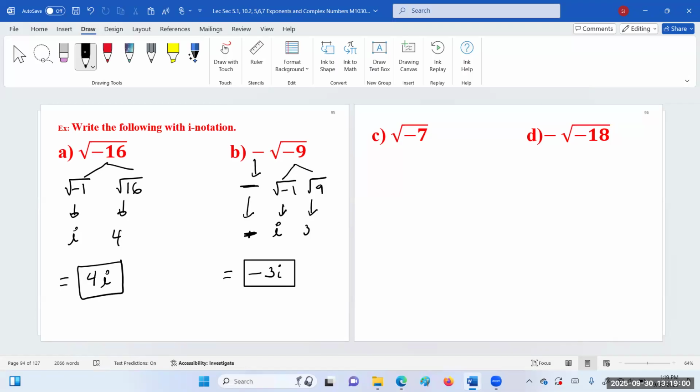Brennan, what can you do for C? Square root of negative 1 and square root of 7. So what do you get from square root of negative 1? i. And how about square root of 7? We don't know what is square root of 7, so keep it.